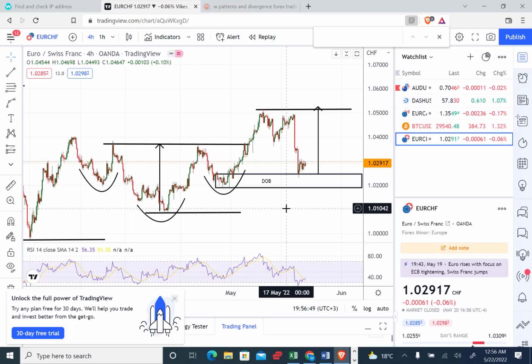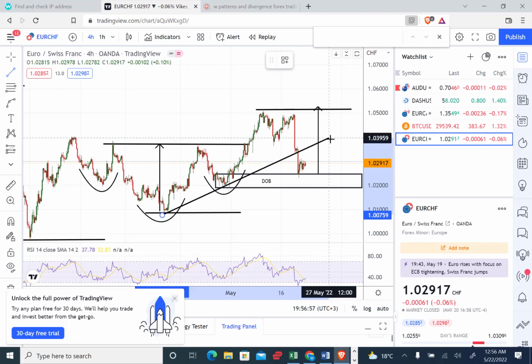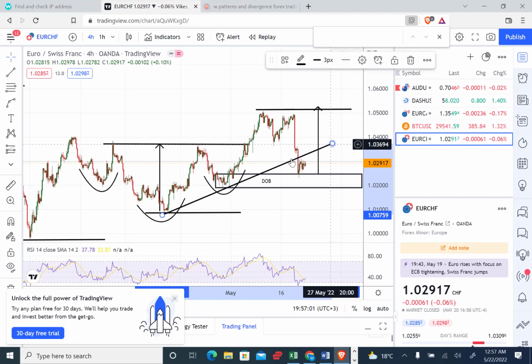I would have waited to enter somewhere around when the prices come and test this trend line, or the other point will be around this order block, and you see that the prices have started reacting around this order block.